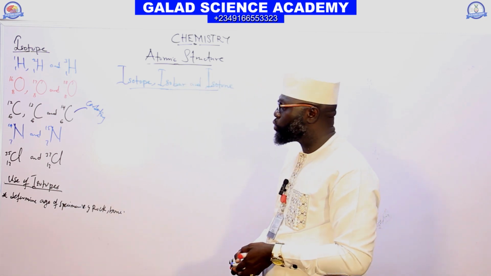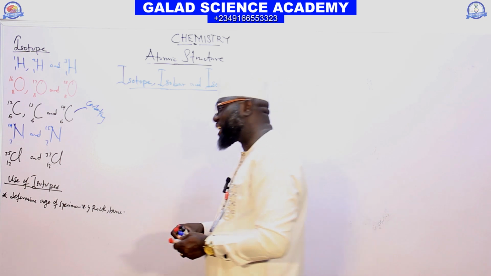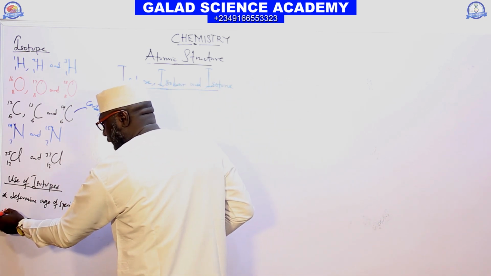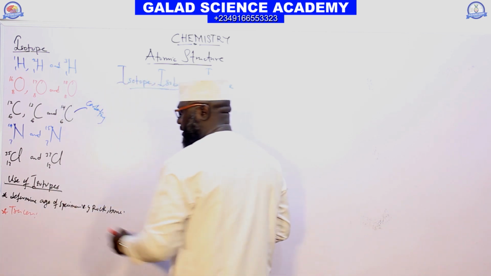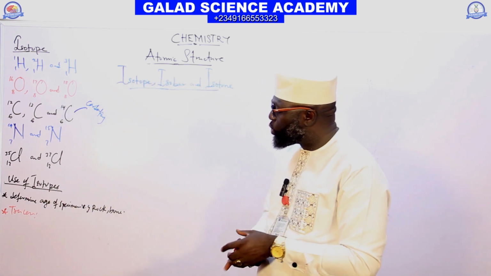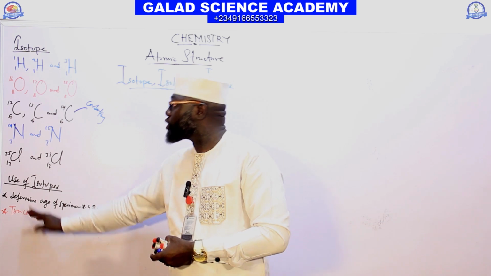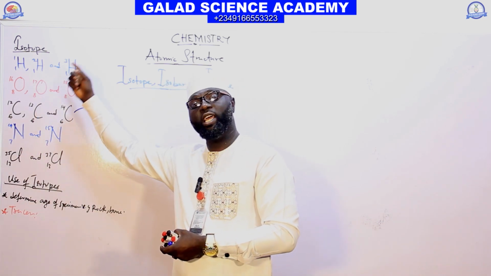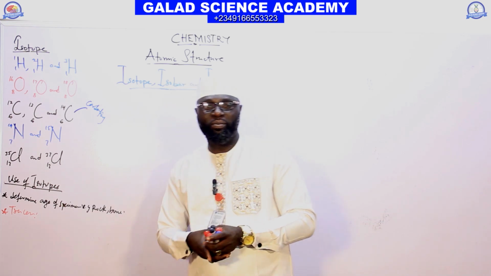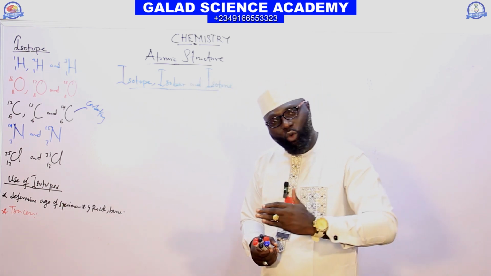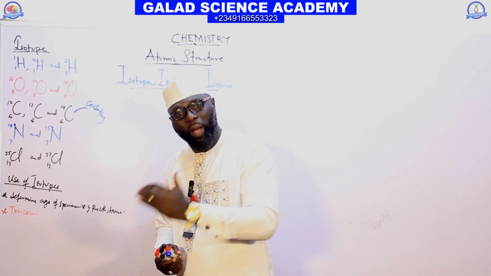You can also use the isotope as a tracer. What is a tracer? Tracer is one of the applications of radioactive isotopic elements. We can use it to determine the biological reaction or biological pathway.